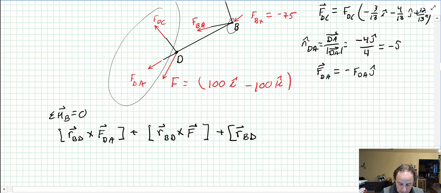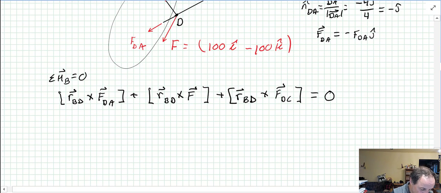We can use the same one because they both go through that point. And that's crossed with force DC. Okay, so this is nice because we can use the same position vector for all 3 points.